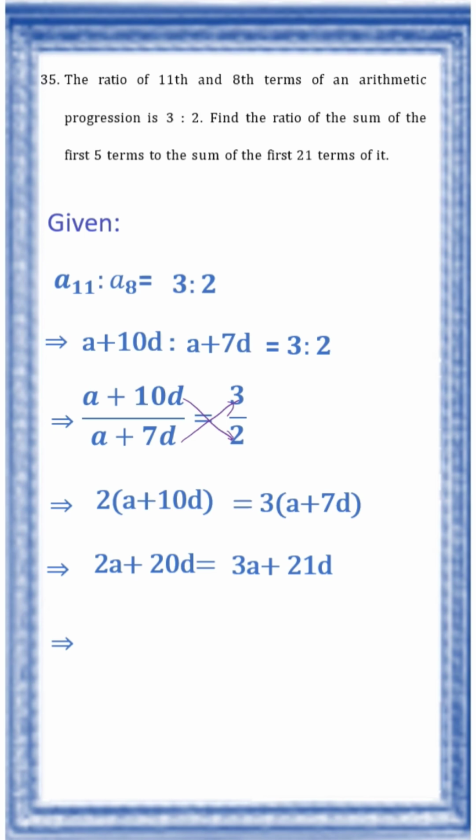What do we get? 3A minus 2A, that is equal to A. A is equal to 20D minus 21D, that is negative of D.